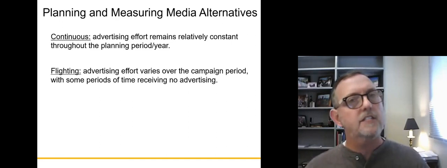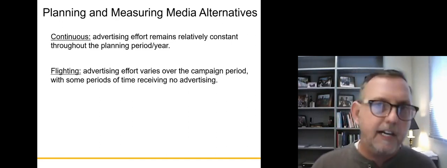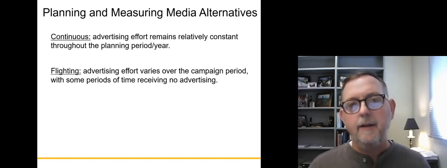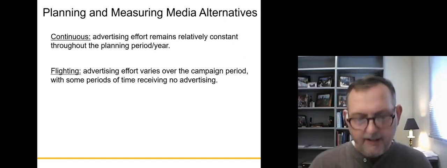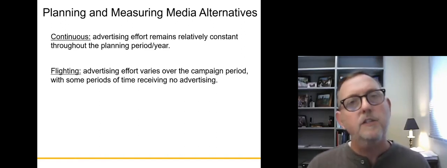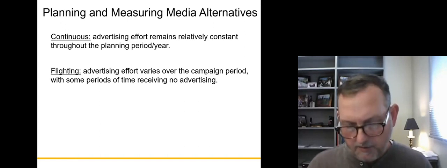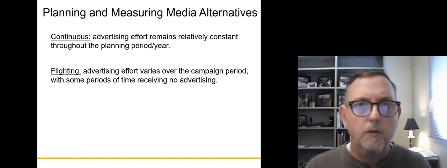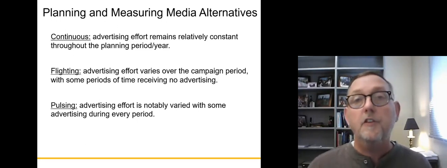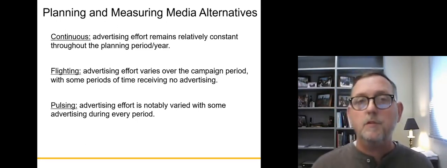We have a second type, which is called flighting. This is when we advertise for an intense burst of time, and then we do none. So we might advertise real heavily for a month and then not advertise at all. The third type is called pulsing.